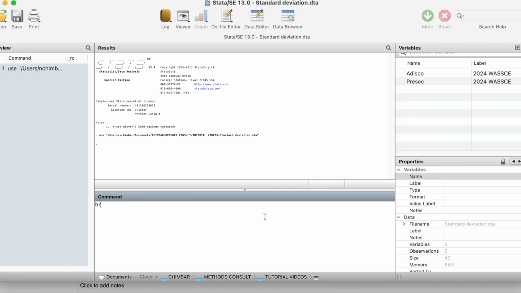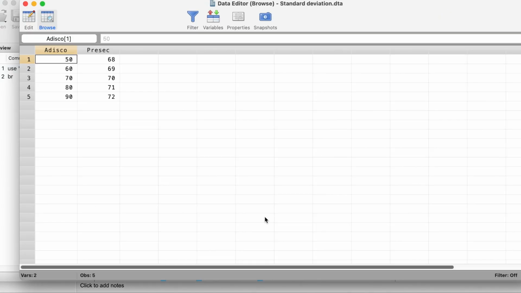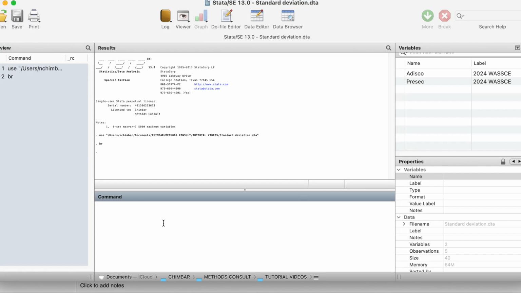So we have the WASI examination scores for ADISCO, and WASI examination scores for PRESEC. So we would go to analyze and obtain summary statistics for these two schools, and then we can examine the summary statistics and how to interpret those summary statistics.